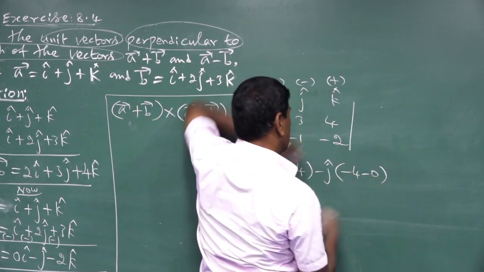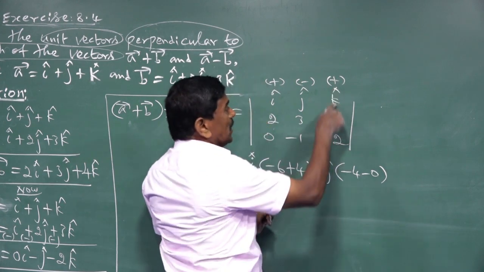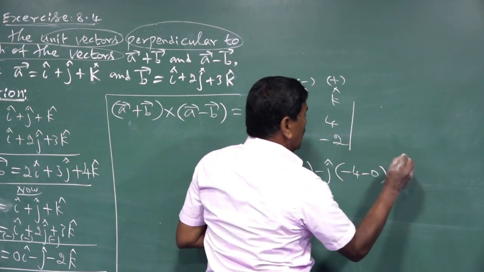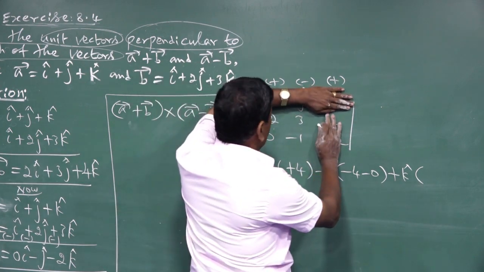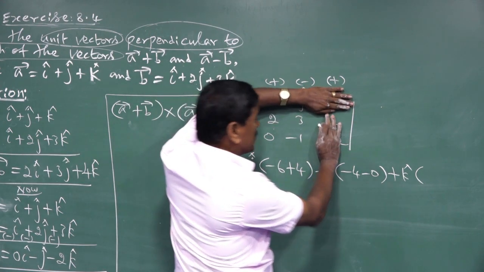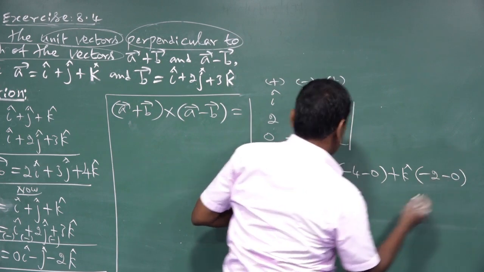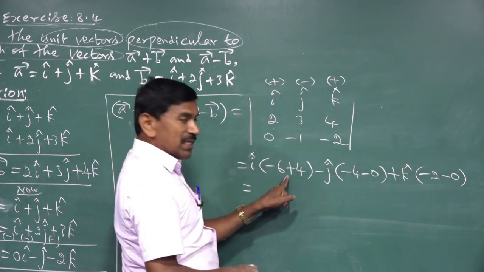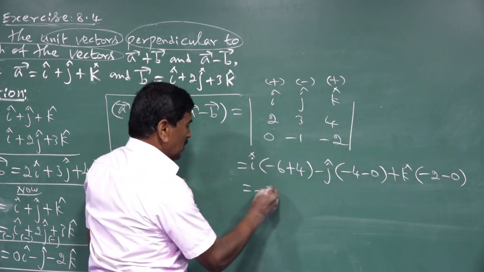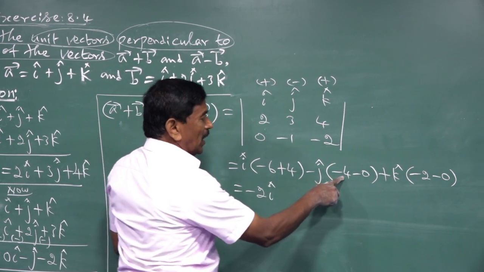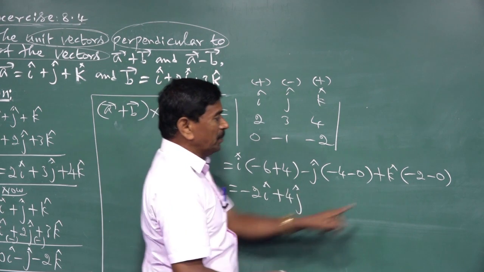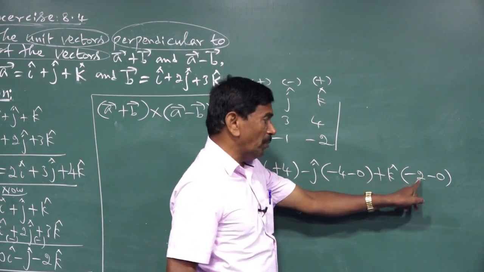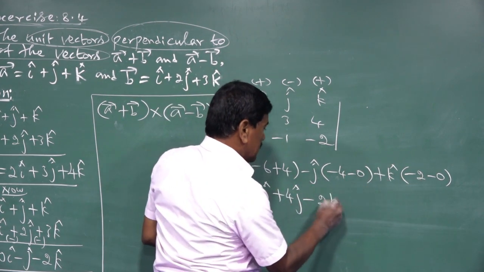Next, plus k cap into, forget its row and column, minus 2, minus 0, which is equal to minus 2. So minus 2 I cap, here minus into minus, plus 4 j cap, here minus 2 k cap.